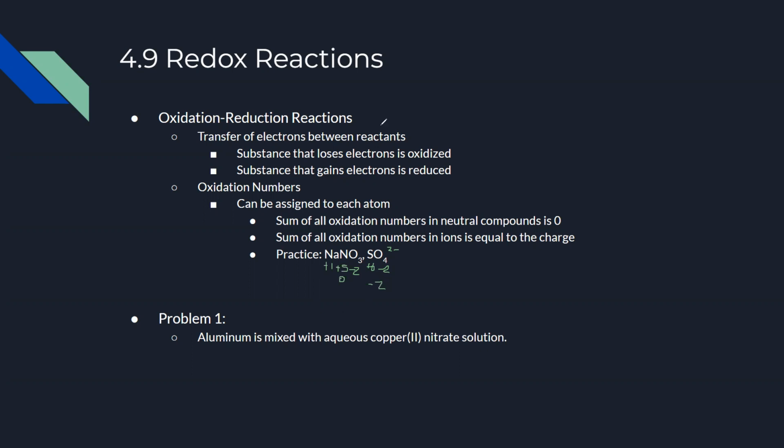And let's try an actual redox problem over here. Aluminum is mixed with aqueous copper(II) nitrate solution. Nitrate is a spectator. So you have Al, which is a solid, plus Cu2 plus, and basically we have to balance it. Al3 plus and Cu.